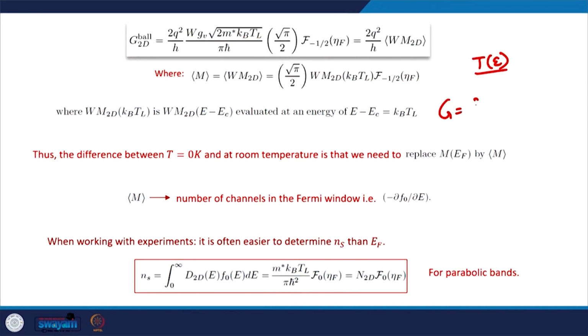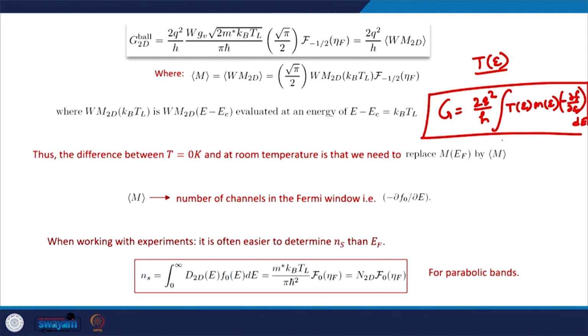So, in this expression of conductance 2q square by h integral of T e M e minus del f by del e d e, we would also have to include the transmission coefficient in the case of diffusive conductor, and those calculations we can now quickly do because we are now familiar with the Fermi-Dirac integrals, we are now familiar with how to deal with this kind of calculations.